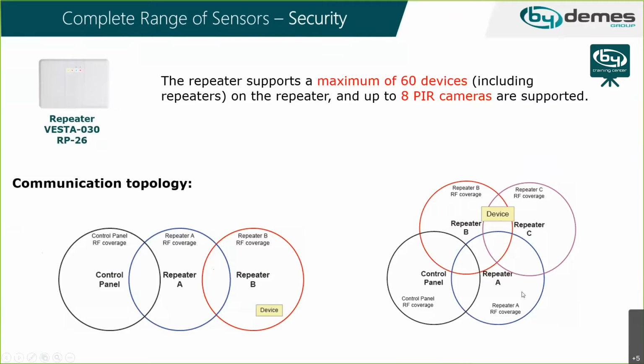I recommend you connect repeater C either to repeater B or to repeater A, because if you connect it to the two, repeater C will start transmitting more radio frequency, and it's not used for nothing. So just connect it to one repeater.